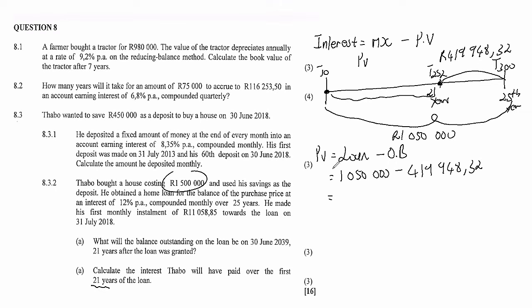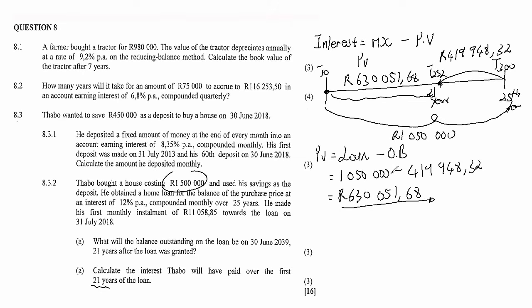Now, having punched that into our calculator, we get 630,051.68. Right. So this will be our present value here. But in order for us to calculate the interest, remember this is the amount that needs to be paid off without any interest, if we are just considering that he needs to pay off the 1,050,000.